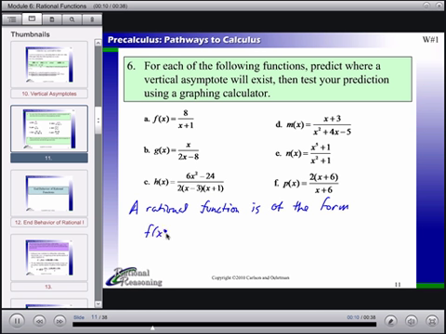Ratios, right. Ratios of what kind of functions? Polynomial is the last thing we got done with. So if you take one polynomial, divide it by another polynomial, you get what's called a rational function.